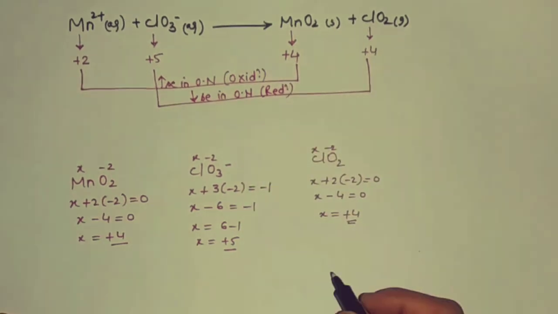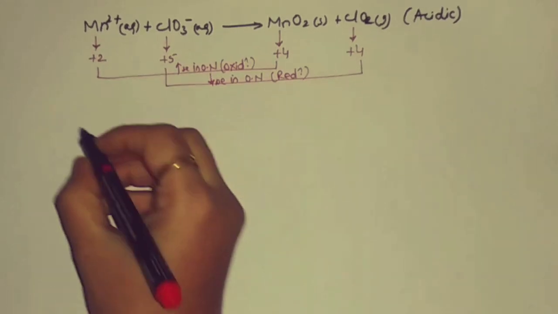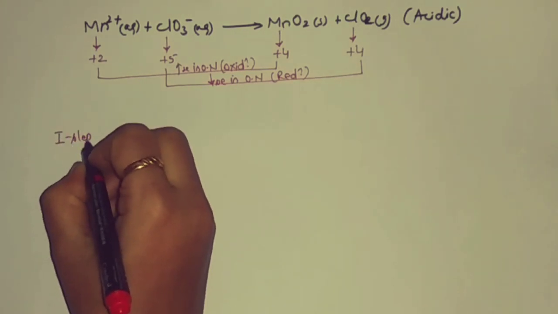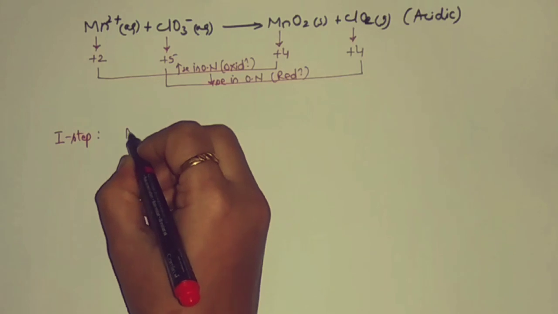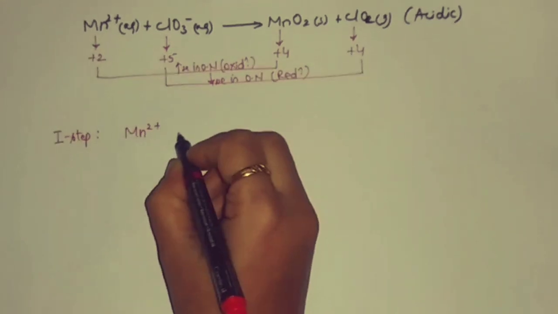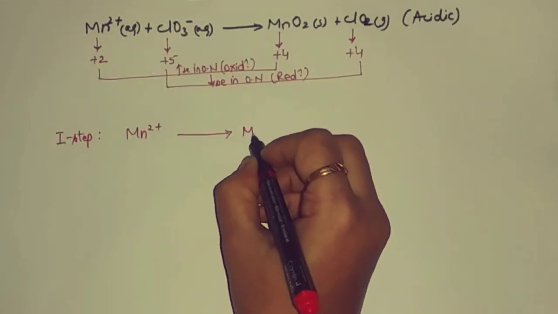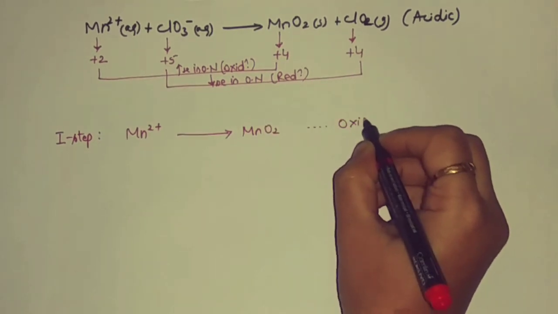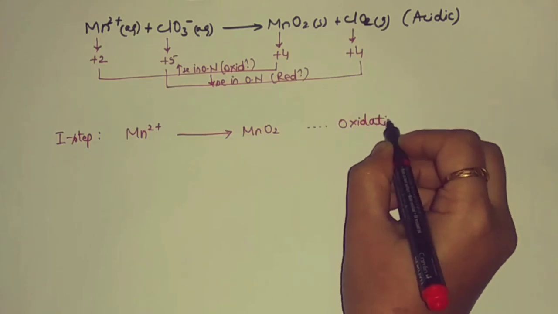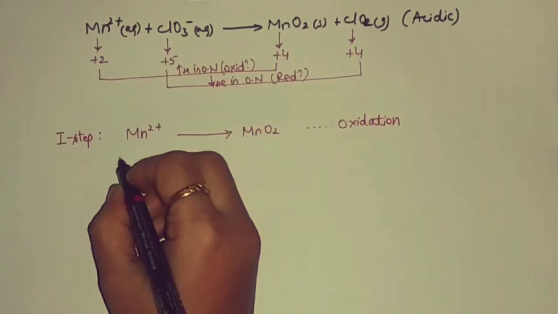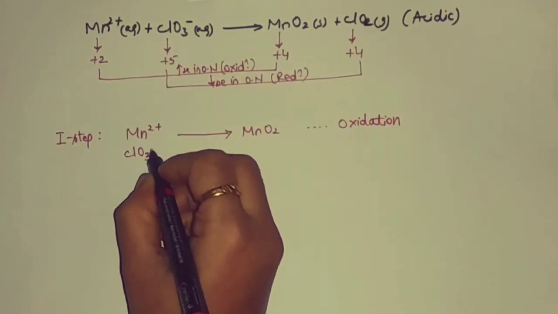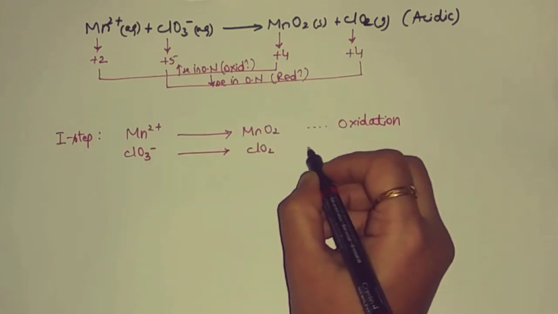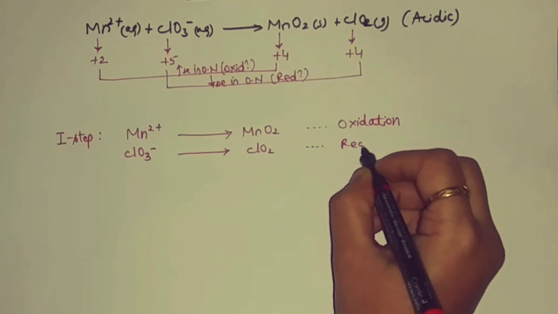So students, according to the rules, the first step was to assign oxidation numbers, which is over, and write separate equations for oxidation and reduction. Mn2+ will give you MnO2, that is oxidation, and ClO3- will give you ClO2, that is reduction. This is your first step.